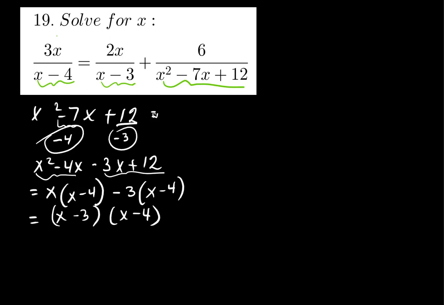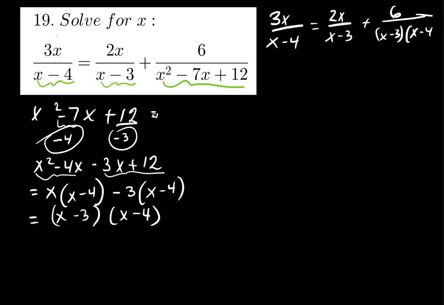So we can rewrite our original equation here. We can say that it is 3x over x minus 4 is equal to 2x over x minus 3 plus 6 over x minus 3 times x minus 4.